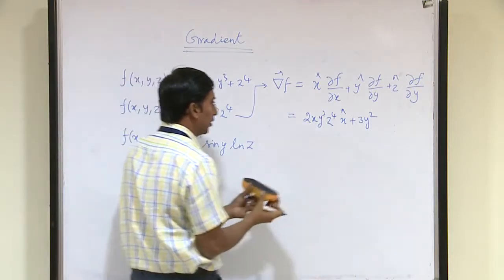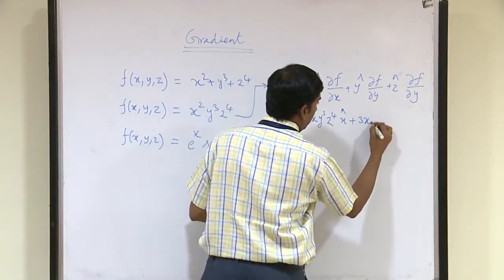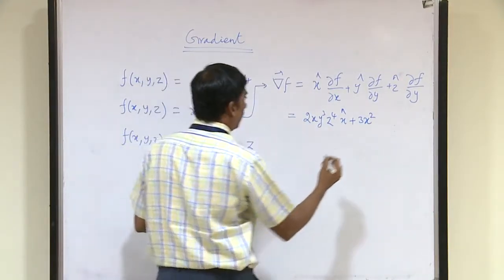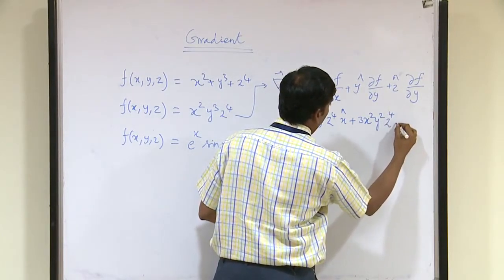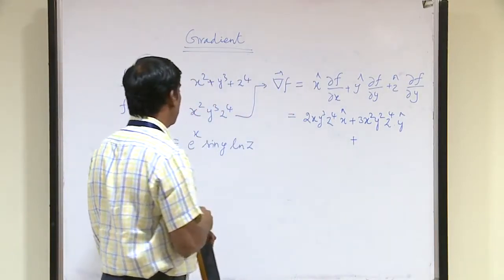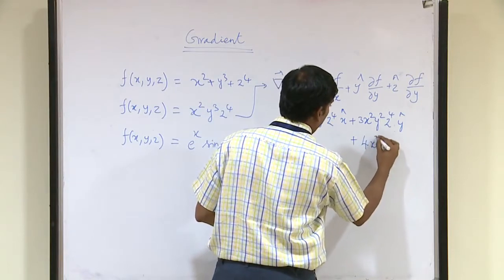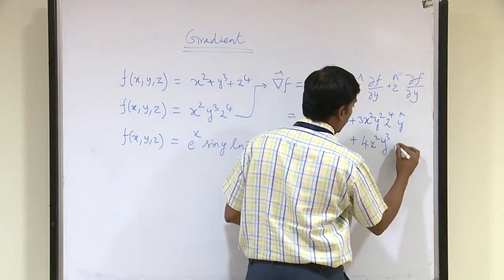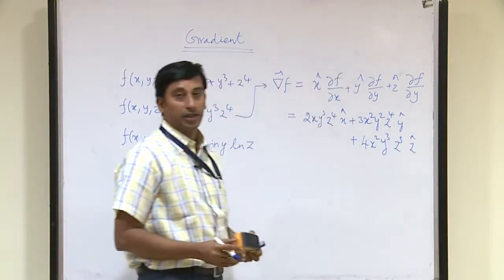So you get, for consistency we will write it as 3x square y square z power 4 y cap plus 4 x square y cube z cube into z cap. Is that correct?